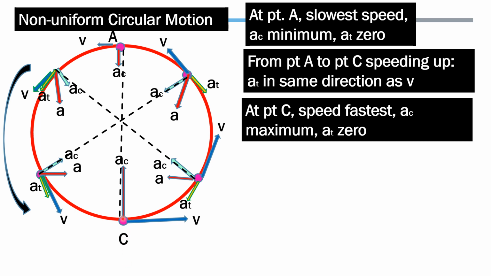So it doesn't make sense to say that there is an associated tangential acceleration at point C, because in the first place it is the force of gravity that causes a body to have a changing tangential velocity, in which case from point A to point C, the velocity and the tangential acceleration are in the same direction.